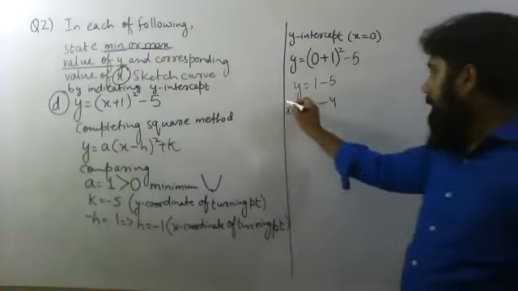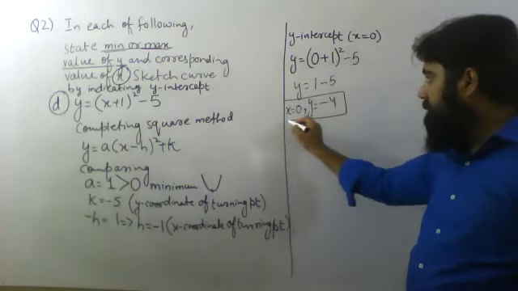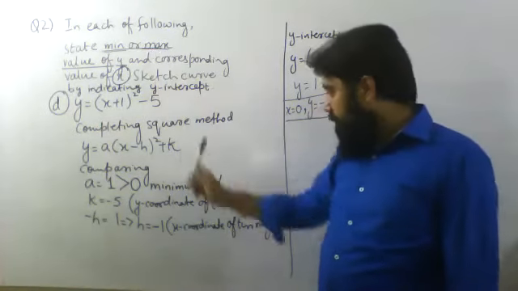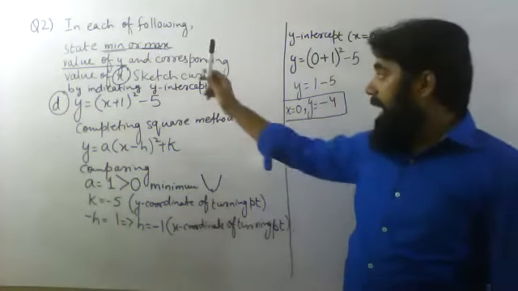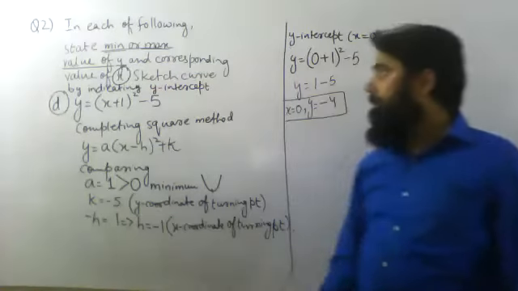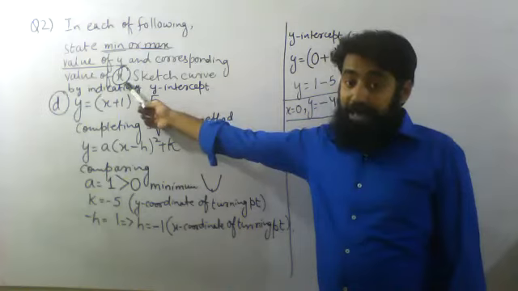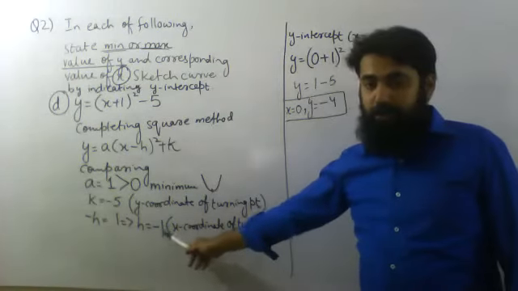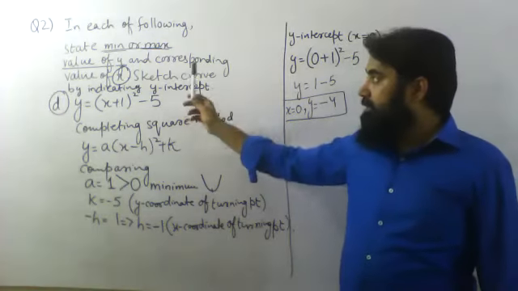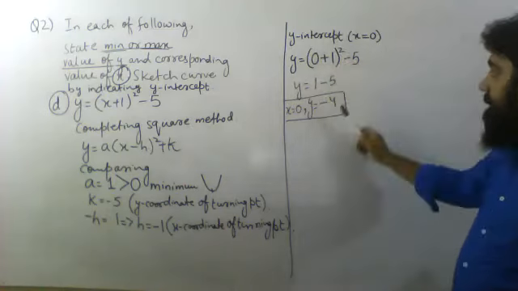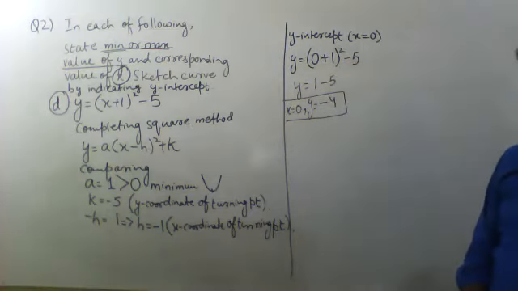So now I have got my y-intercept also. I have got the minimum. I have got the value of y, that is minus 5. I have got the x value of the turning point, that is minus 1. The y-intercept is minus 4.